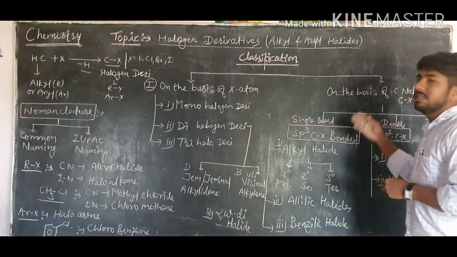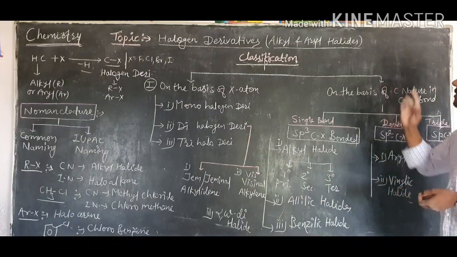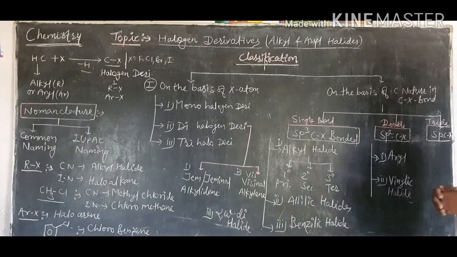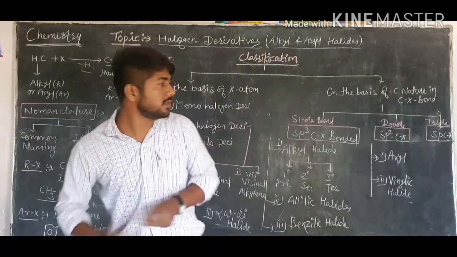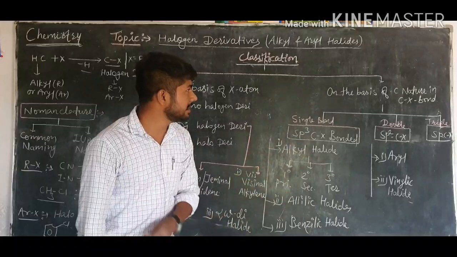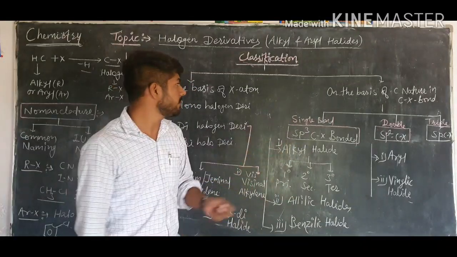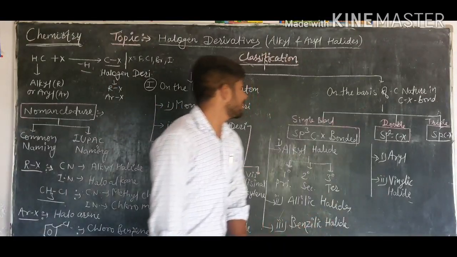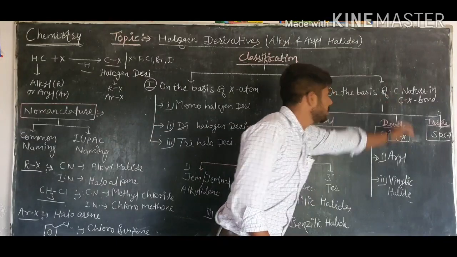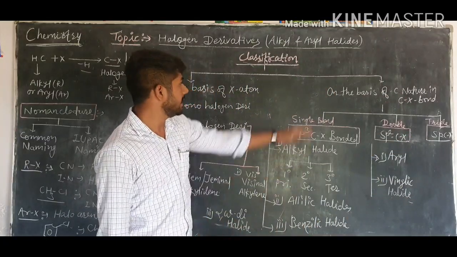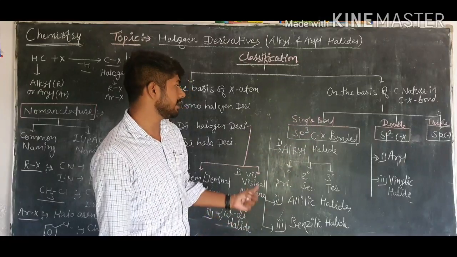After that, we discuss the second type of classification of halogen derivatives. There are three types on the basis of the nature of the carbon in the C-X bond, that is, carbon hybridization.